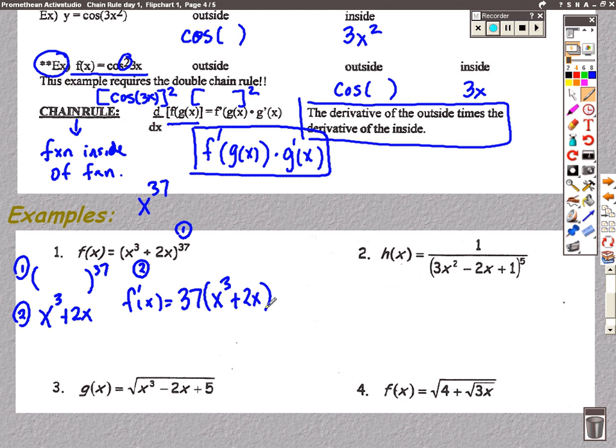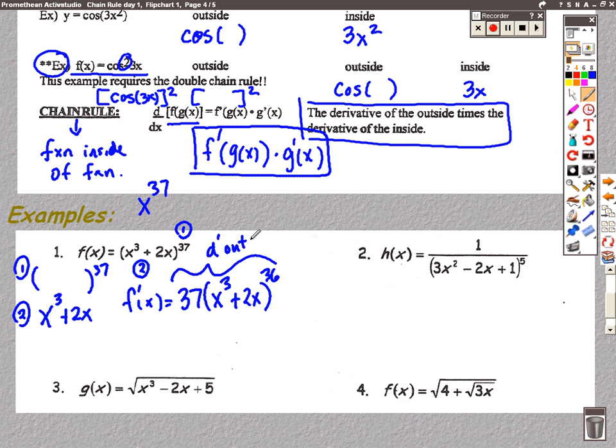So that's what I mean when I say the derivative of the outside, leave the inside alone. This is what I'm talking about, leave the inside alone. It just kind of comes along for the ride. We decrease the power using the power rule. Now all of that right there, that entire quantity, that's the derivative of the outside. So I'm just going to write derivative of the outside. Alright, so that's the first step.